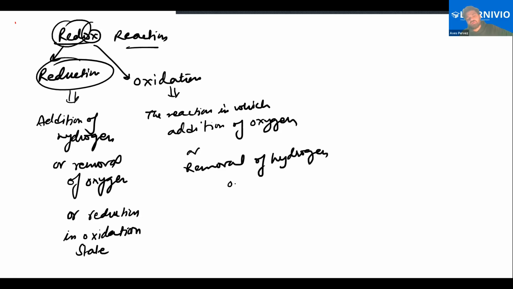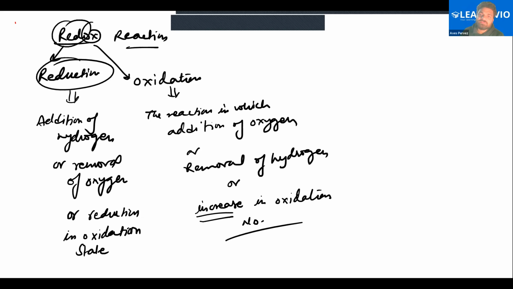But a reaction is not always about oxygen and hydrogen, so oxidation is also an increase in oxidation number. Got it? So those reactions are called oxidation reactions. First write it down fast.